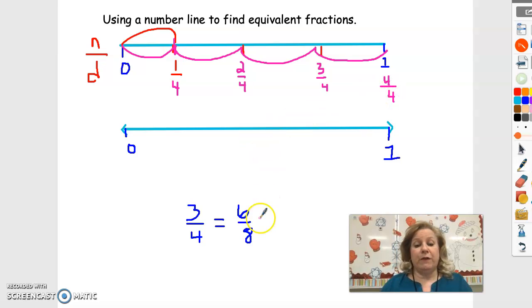All right, so now what we've got to do down here is we want 6/8. So we know, okay, well, we have to have 8 parts. Remember I taught you the trick of splitting those parts in half and then half again to make those 8s.